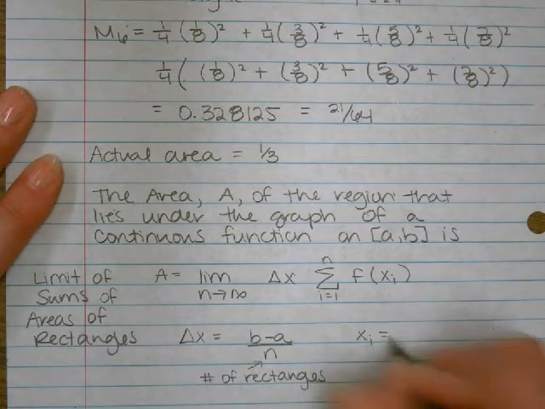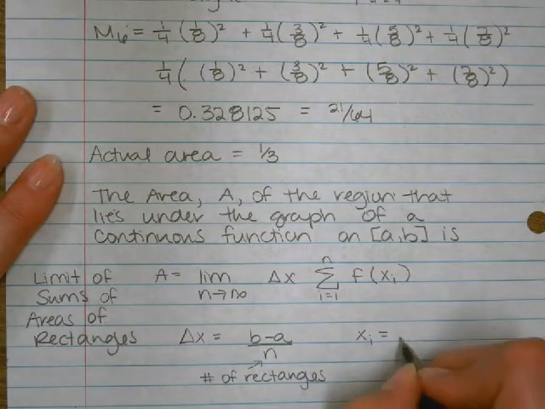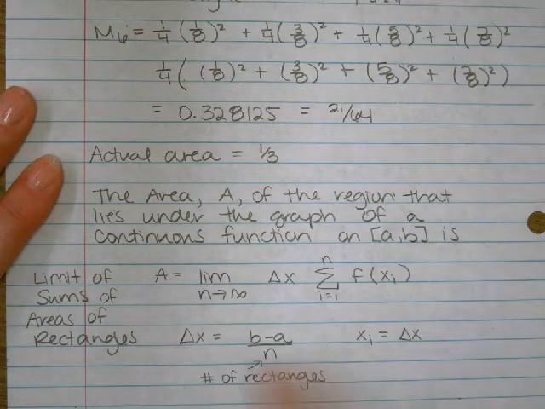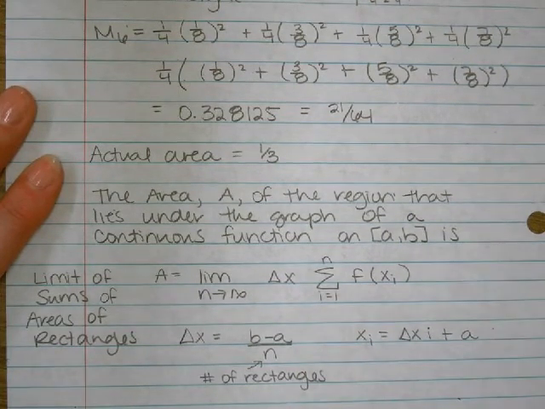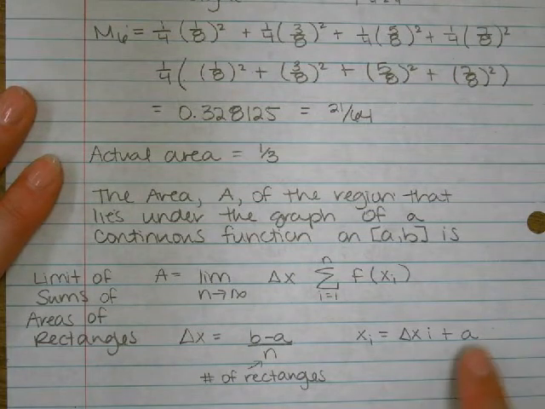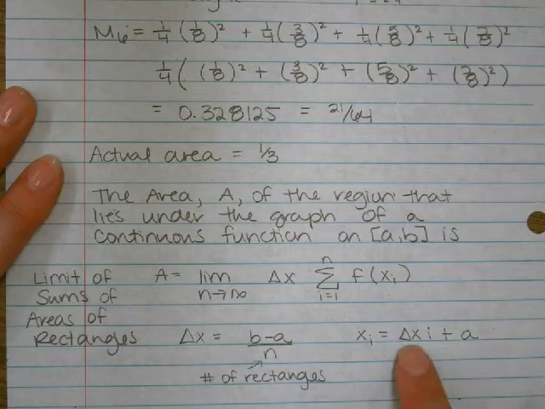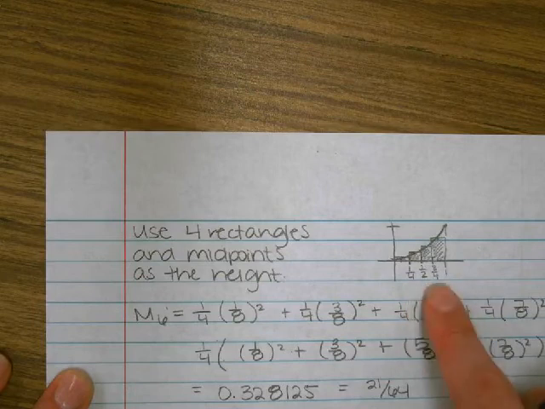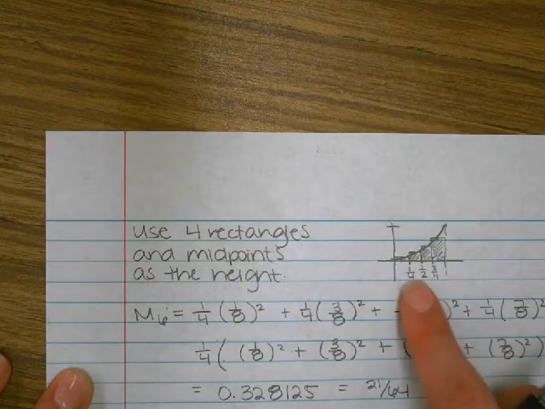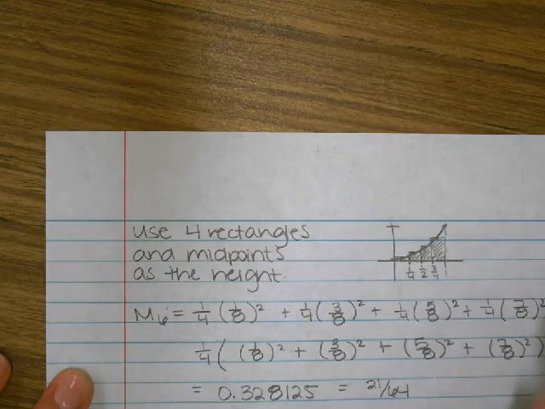X sub i is whatever you get for delta x, whether a fraction or a whole number, multiplied by i plus the a value. So this is essentially saying start at a, and then change by that amount each time. Like we did 1/4, then 1/2, then 3/4, then 1. That's what we got when we just added 1/4 each time.